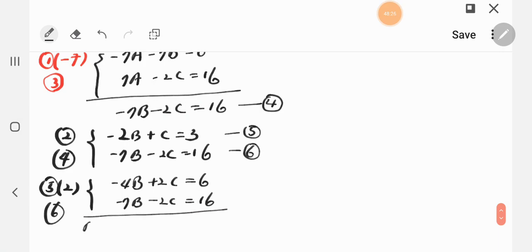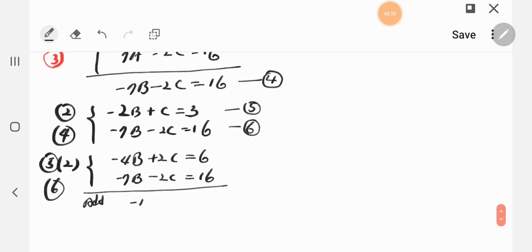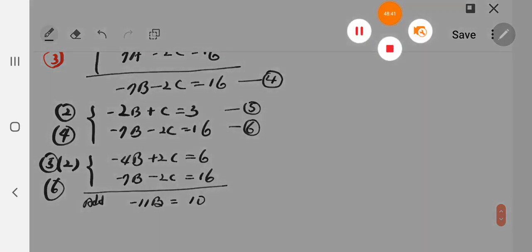Once we add it, this will be minus 11b is equal to 10. Wait a minute, we should not have these numbers. Okay, let me check this one.